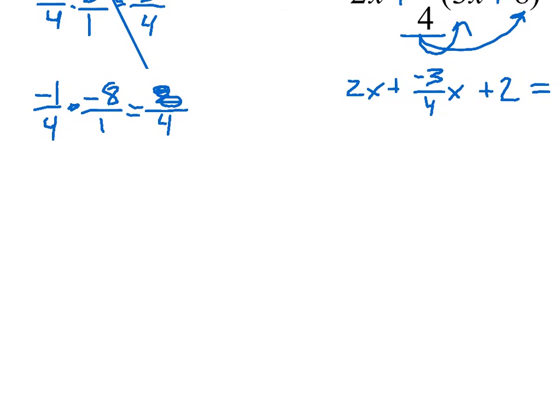Is this side simplified yet? Adriana, what do we need to do to simplify it? (2x plus -3/4 x). That's 2 plus -3/4. How am I going to do this addition? 2 over 1. Still can't quite do this addition. Brian, what do I need to do to fix this so I can do this addition?